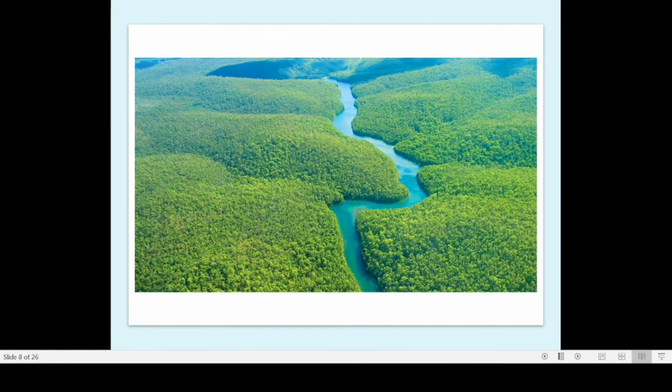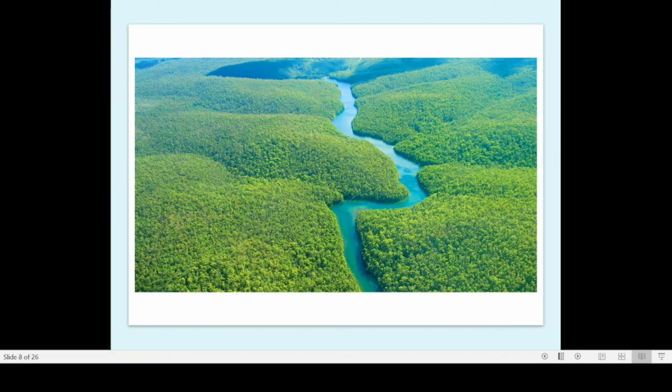Now here you can see how dense the Amazon rainforest is. That is an important feature of the Amazon rainforest. The Amazon rainforest is a highly dense region, and it also contains several thousands of rare animals as well as plants.